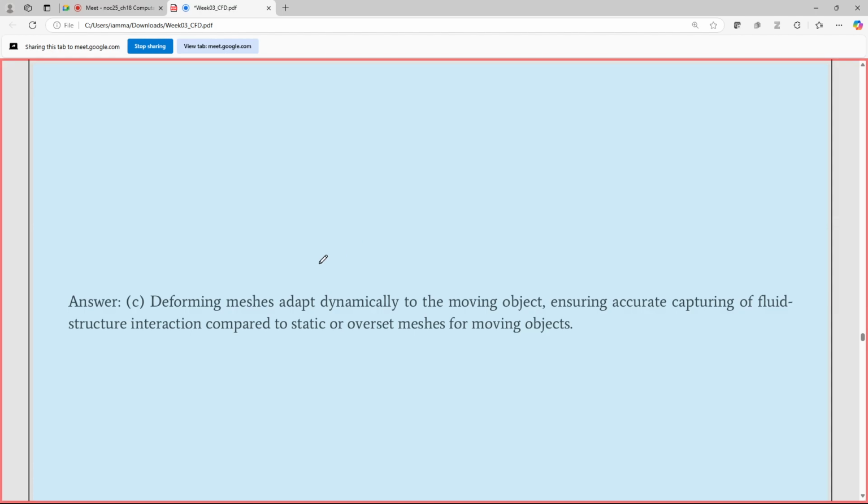So our answer is option C. Deforming mesh is most preferred to capture the flow property changes occurring around a moving object. These kinds of deforming meshes are most commonly used in FSI, which is fluid structure interaction.